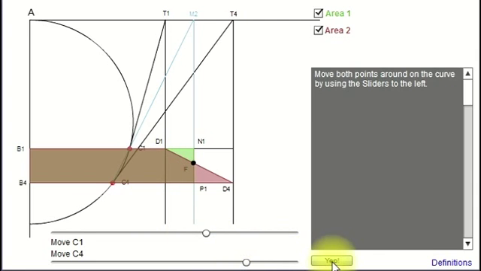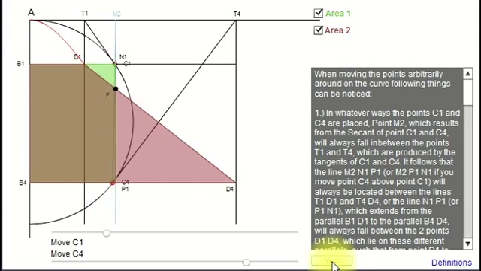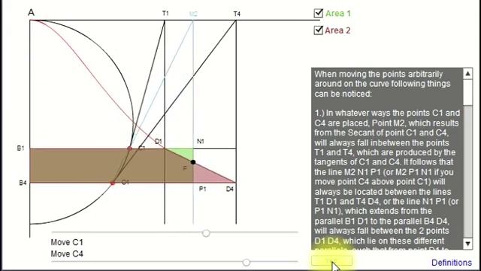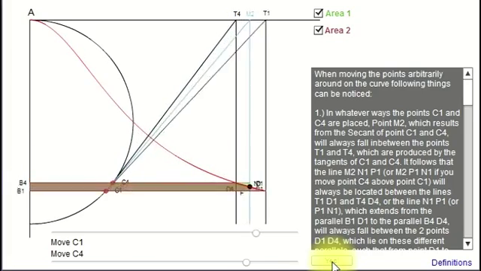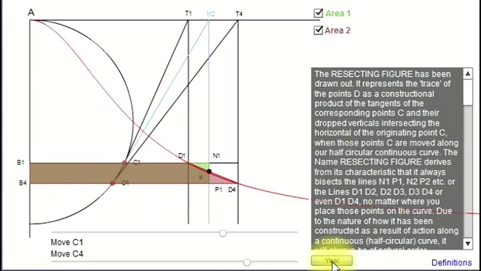And that's what we're going to do now. The resecting figure is drawing out in red now. And there we go.